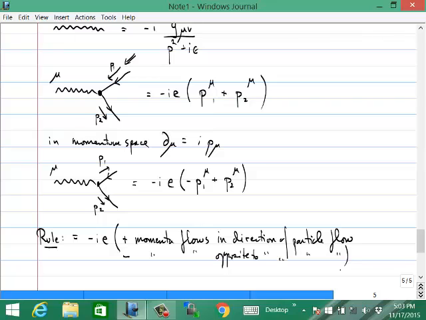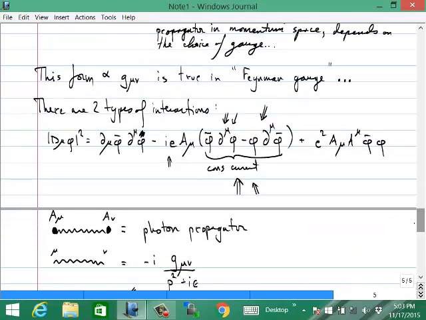And that really comes from this relative sign here. It comes from the fact that we have a relative sign between those two terms.